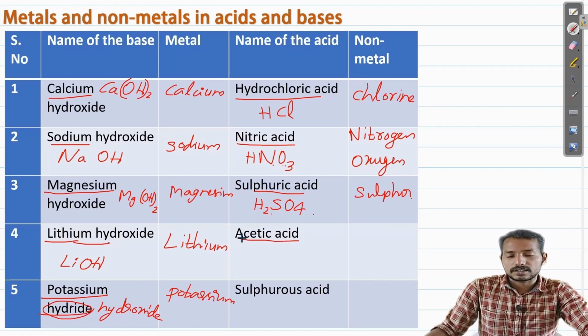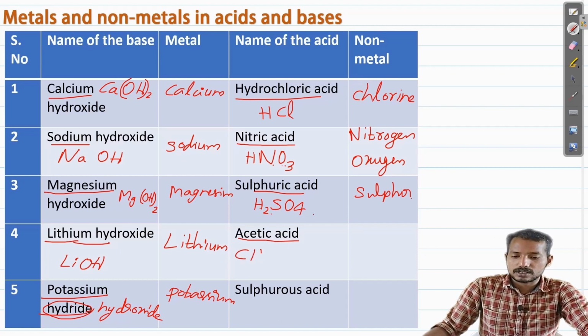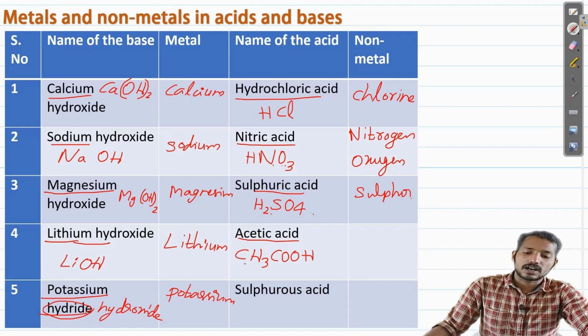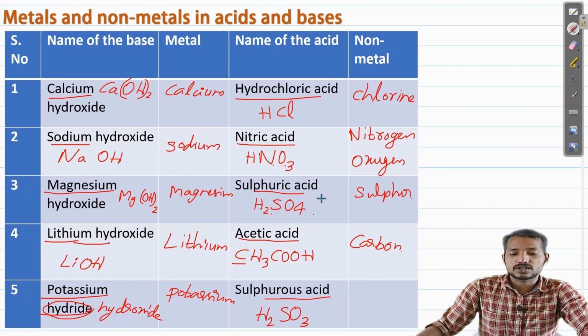And acetic acid. Acetic acid is the main content in vinegar. So its chemical formula is CH3COOH. So carbon is the main element. Carbon is the non-metal. And in case of sulfurous acid, that is H2SO3. Remember the difference between sulfuric acid and sulfurous acid.